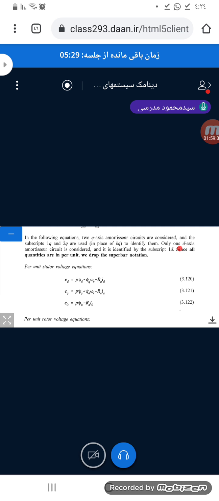Only one D axis amortisseur circuit is considered and is identified by subscript 1D. Since all quantities are in per unit, we drop the superbar notation.